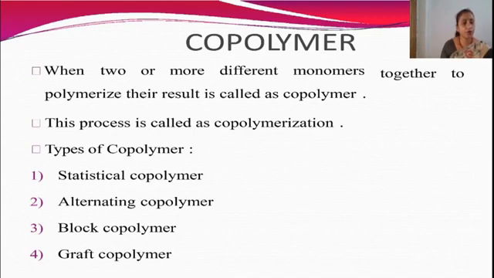Third one is block copolymer. It is a linear copolymer in which one monomer unit forms a block. Last one is a graft copolymer. It is a branched copolymer in which one monomer unit forms one block and the other monomer units form the other block.